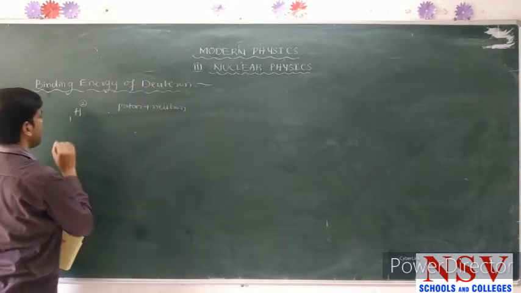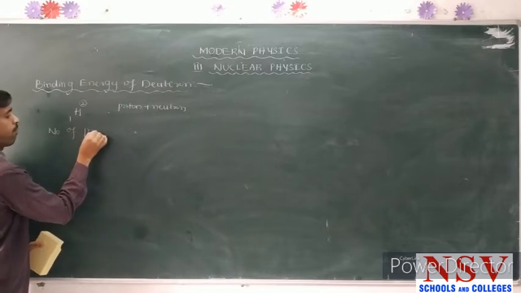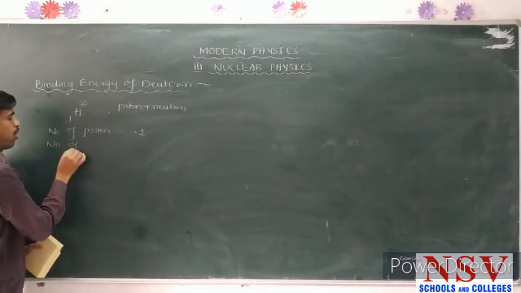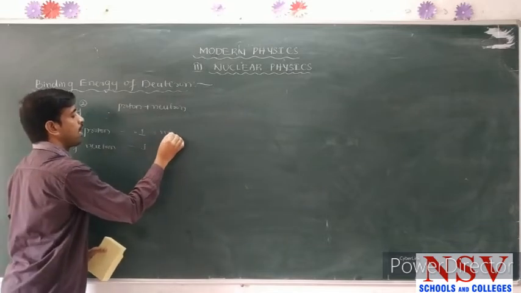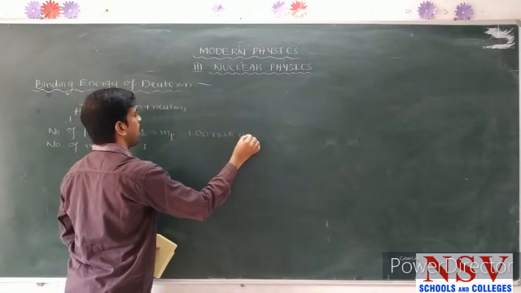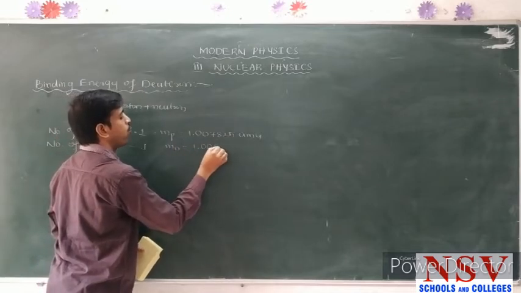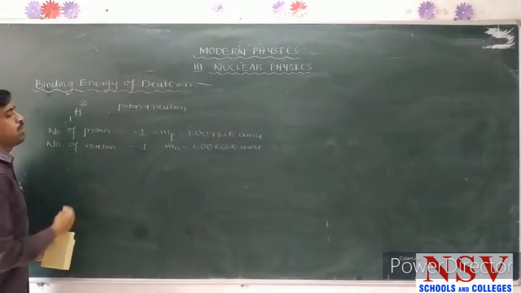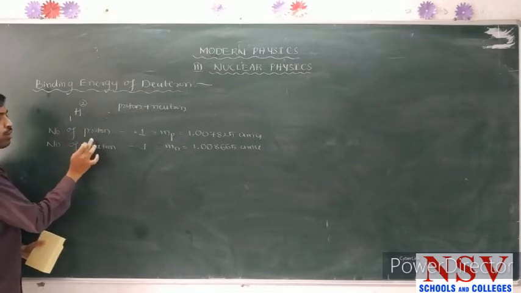Now the mass of the proton in AMU is 1.007825 AMU and the mass of the neutron is 1.008665 AMU. Now for the measured mass, I want to find the sum of the masses of protons and neutrons.